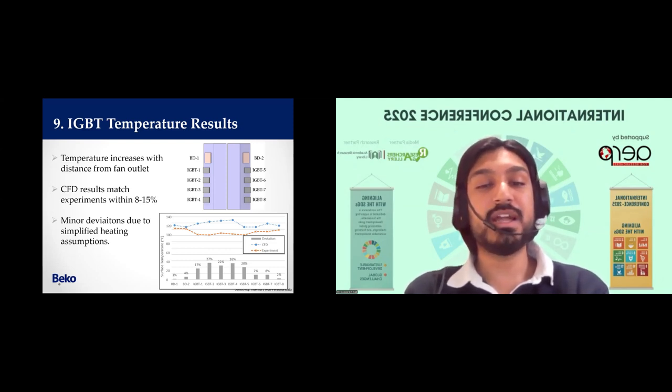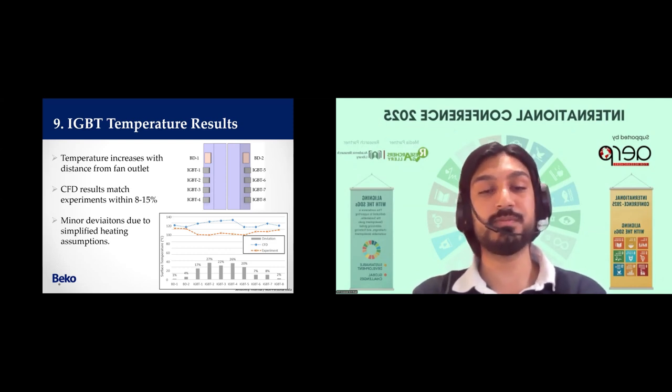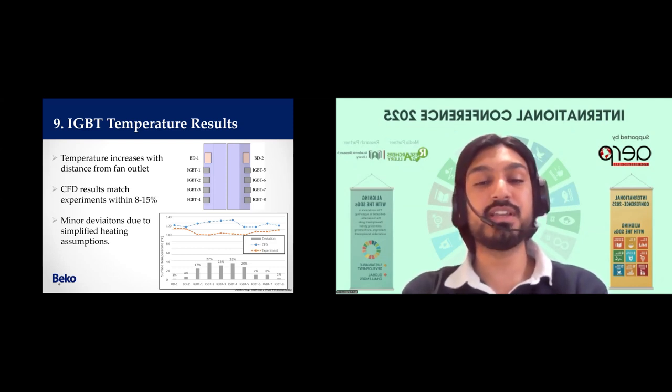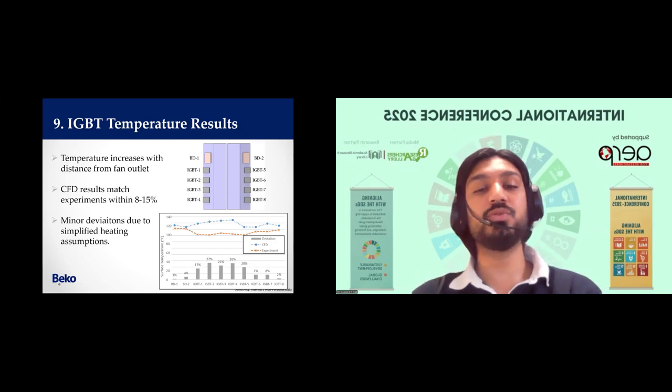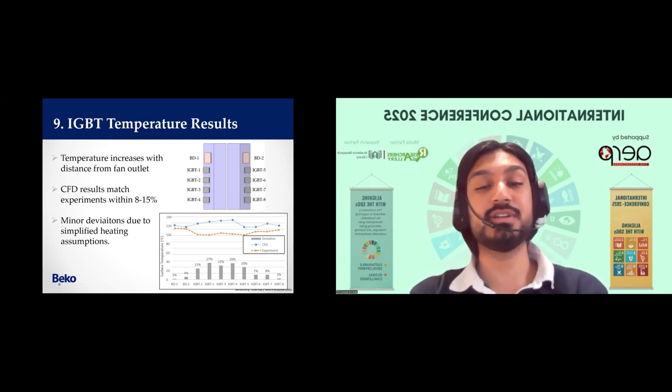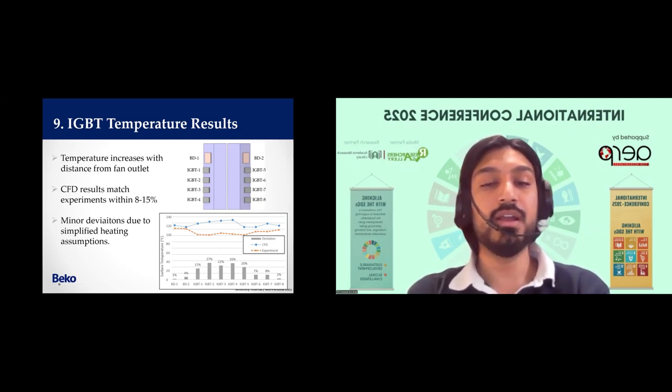CFD prediction matched the experimental temperatures within 8 to 20%, which is a very good range considering the complexity of the system. The deviations from the experimental results are mainly due to the simplified heating assumptions that we made for the IGBT heat source and the aluminum plates that house the coils. Overall, this confirms that the hybrid IGBT model accurately captures the primary heat transfer pathways.